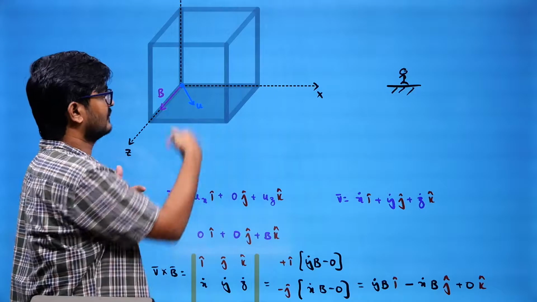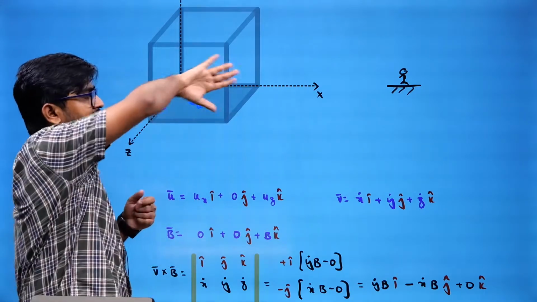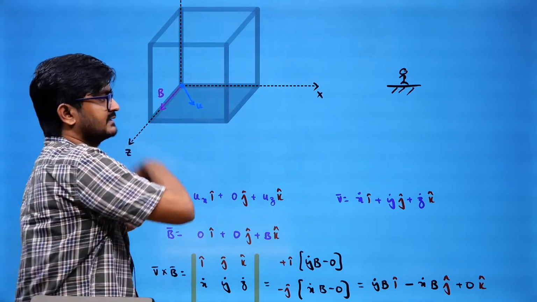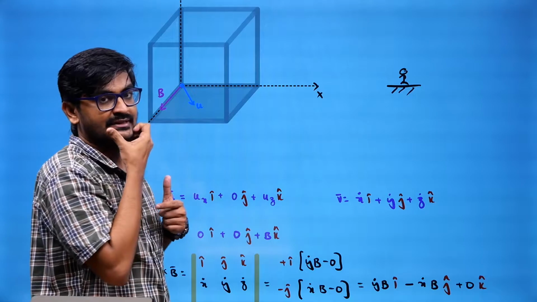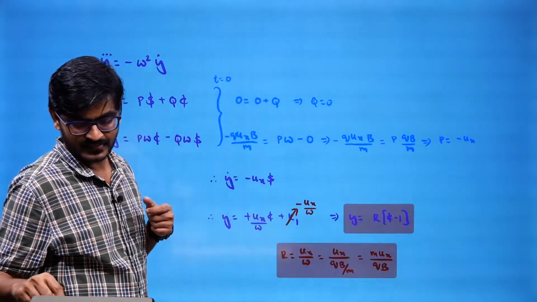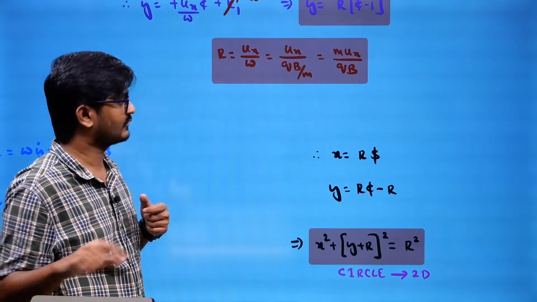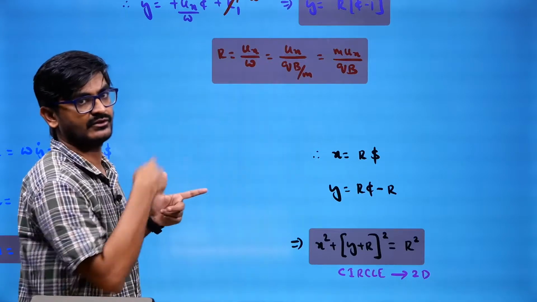If you forget uz, if there is only ux, then ux cross b, it will be performing circular motion of radius m into ux by qb. So if I look at only x coordinate and y coordinate motion, the final equation looks like a circular motion which depends on only ux.